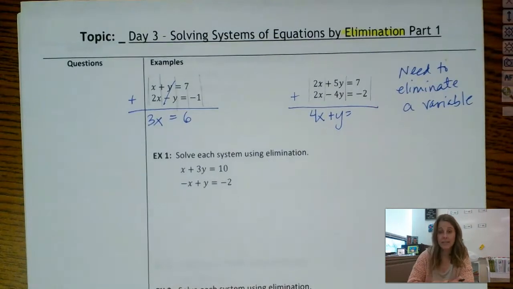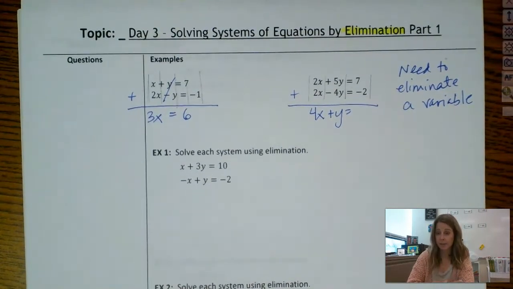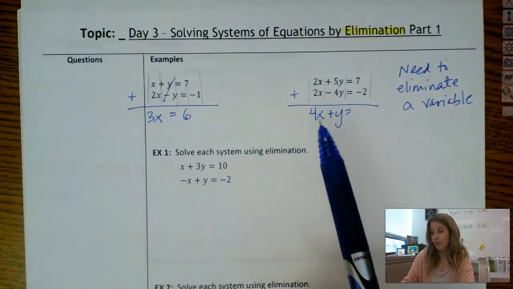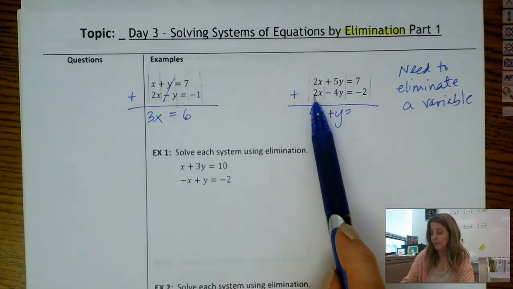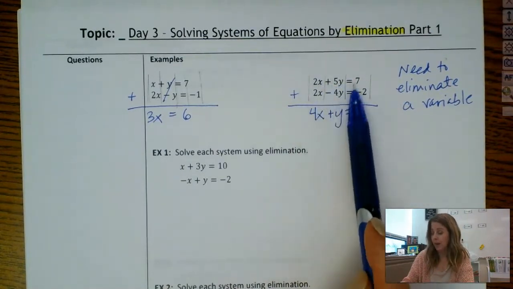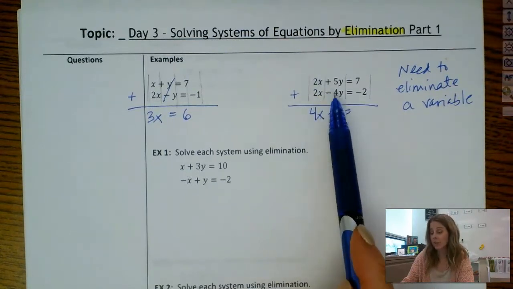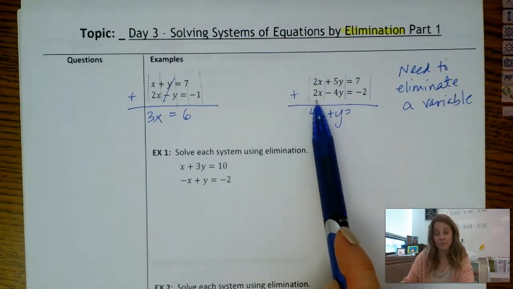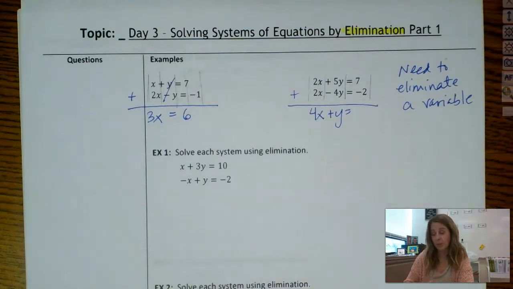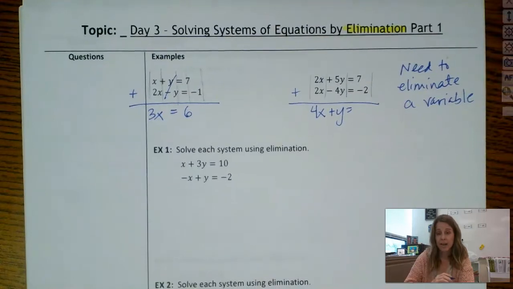It doesn't matter if it's x or y, I need to eliminate it. I could change my approach here. Instead of adding, I could subtract, and if I did subtract, I would get these x's to cancel out. We're going to look at a few examples where we have to subtract, or really what I like to do is multiply through by a negative 1, and then I can just add my columns.